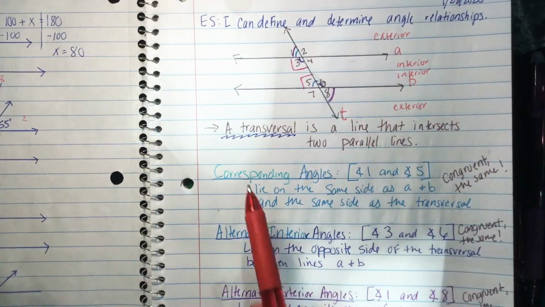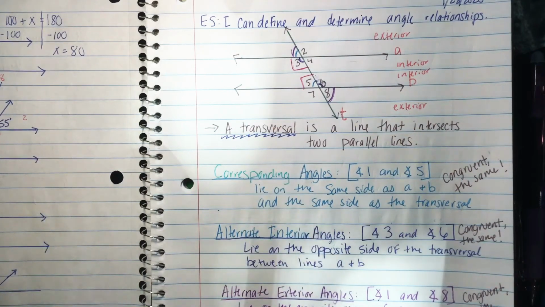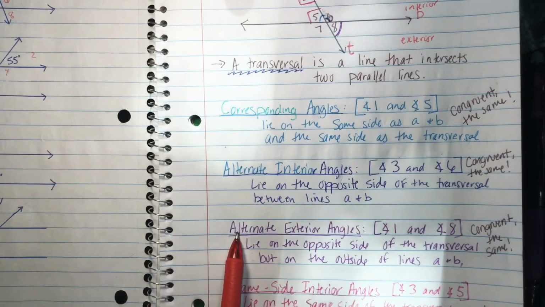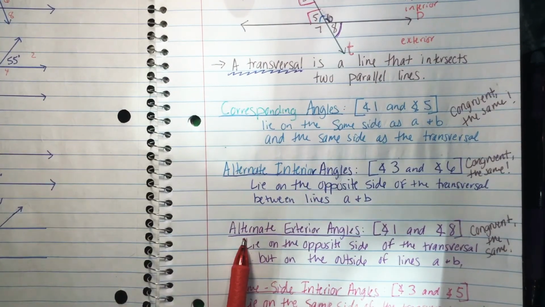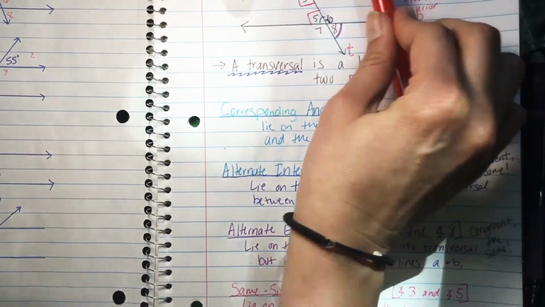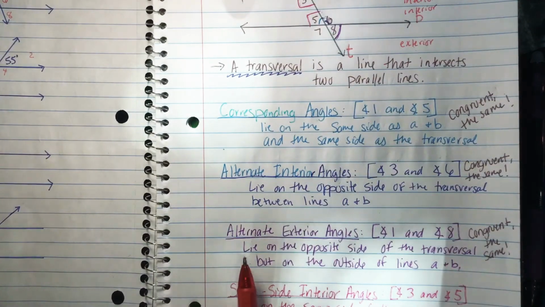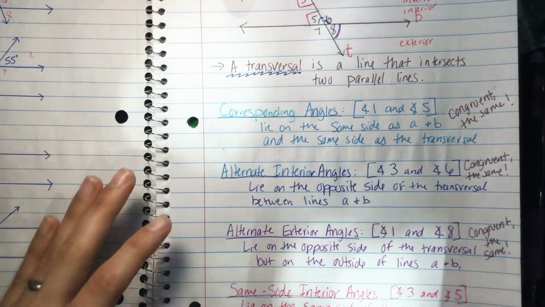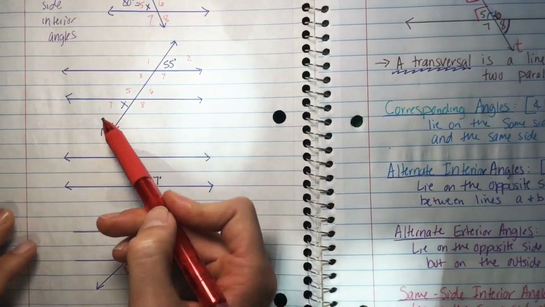Okay, so maybe if I look at exterior, is there anything that talks about exterior? So exterior, so are they alternate? Yeah, because they're on two different sides of the transversal. So alternate exterior angles are what angles 7 and 2 are.